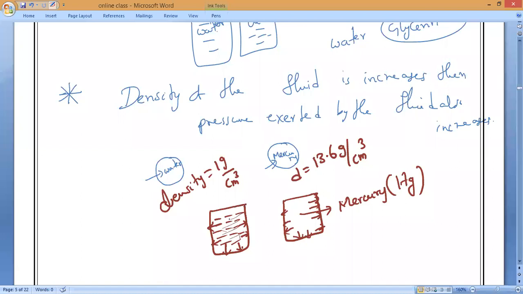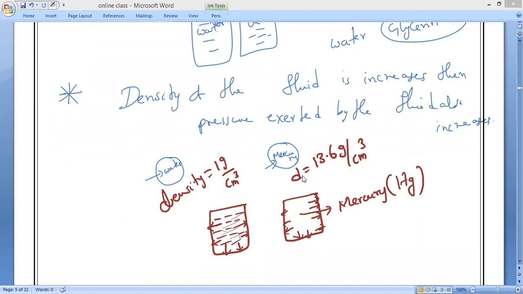Mercury, sir. Because mercury will exert greater force on the walls of the container, and the balloon walls are very, very thin, so they cannot resist the pressure exerted by mercury, and it will blast immediately.